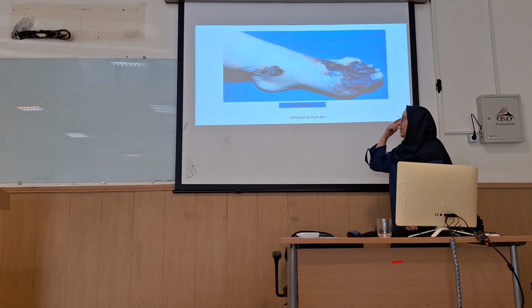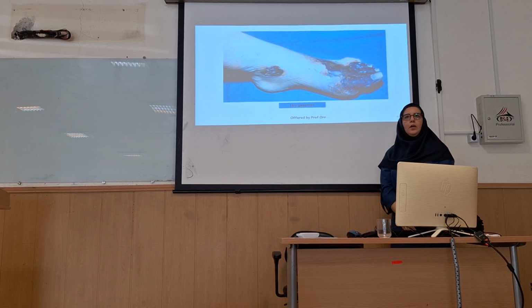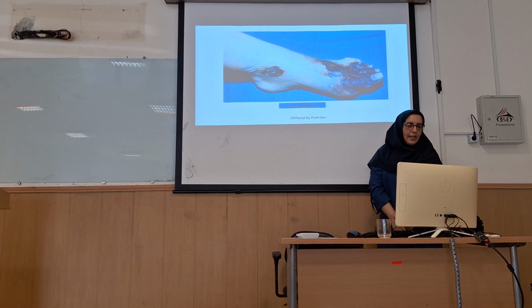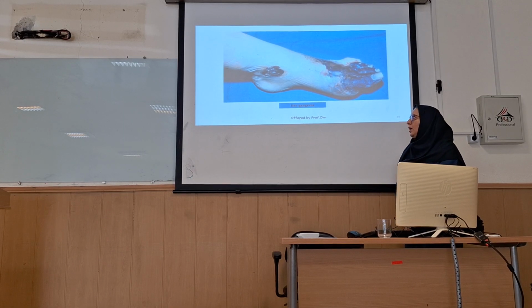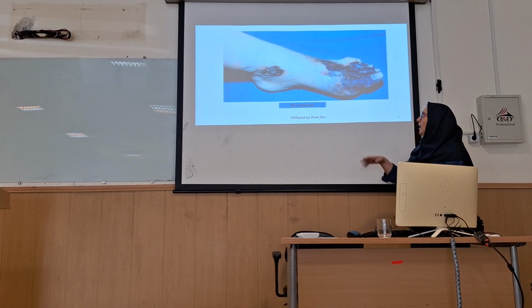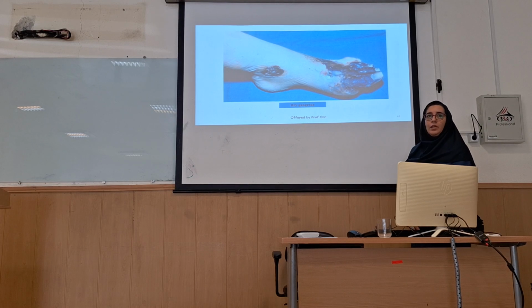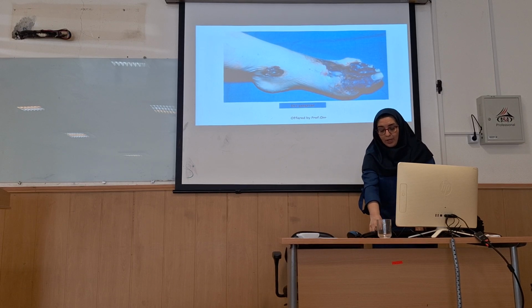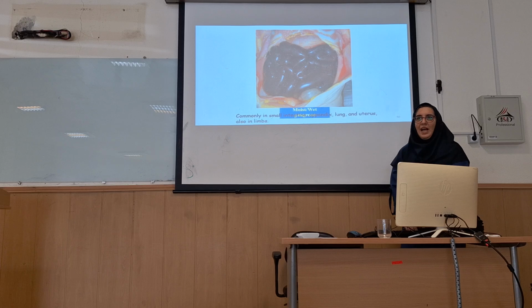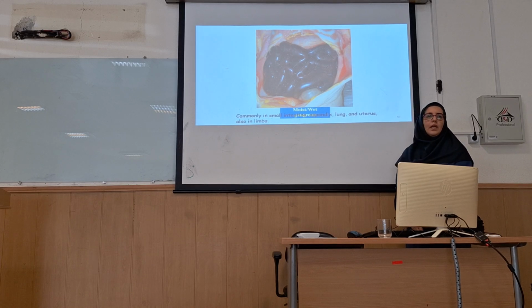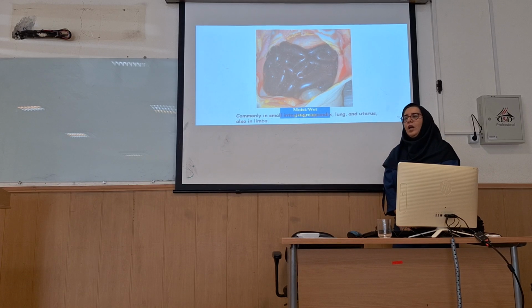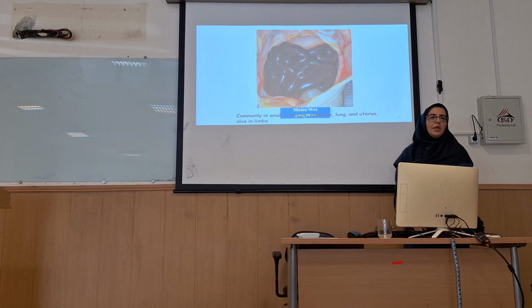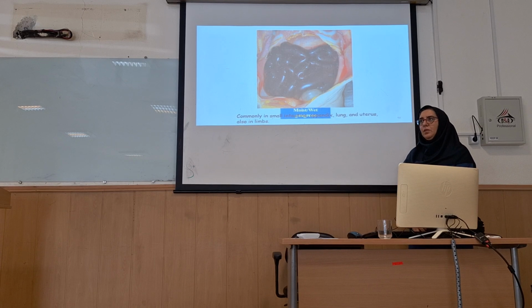It is dry gangrene after ischemia in diabetic foot, in Buerger disease, and emboli in the artery in the foot. We have full thickness and black discoloration in the tissue. It's dry, and in this pattern, coagulative necrosis is dominant. But when we have ischemic necrosis in the intestine, first coagulative necrosis occurs, dry gangrene.